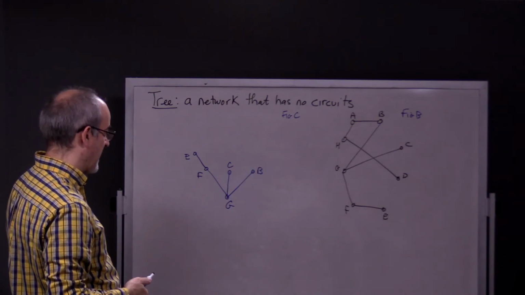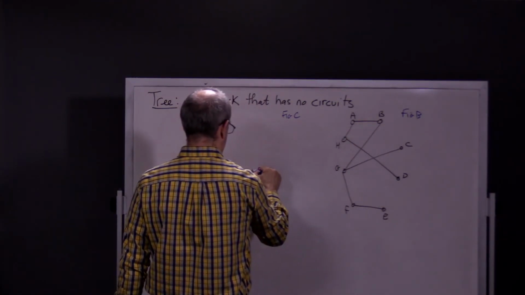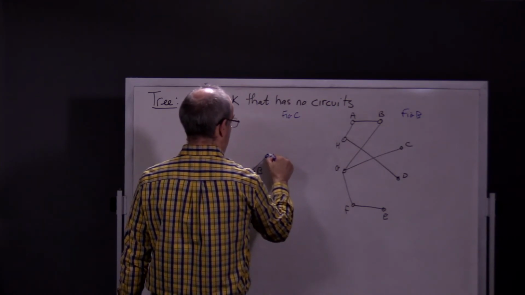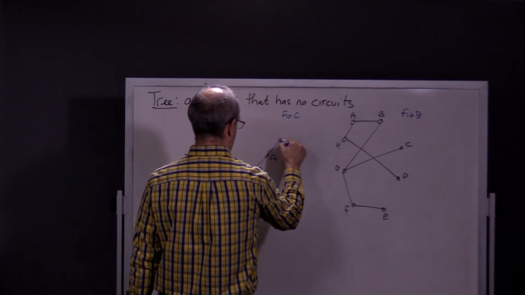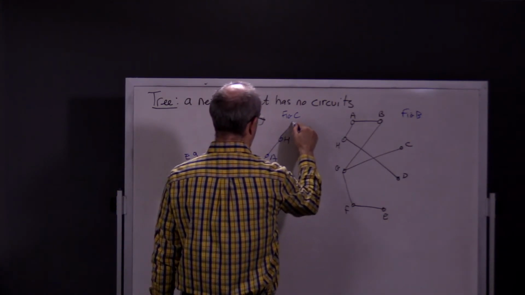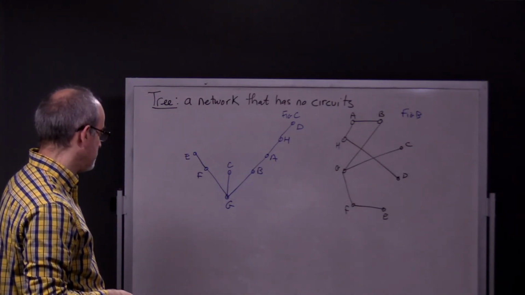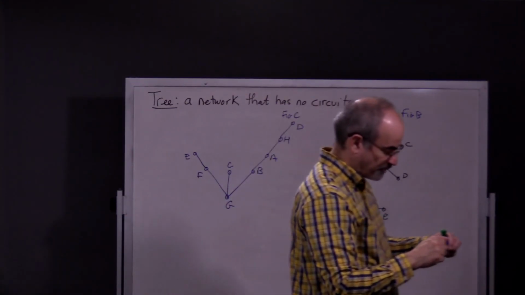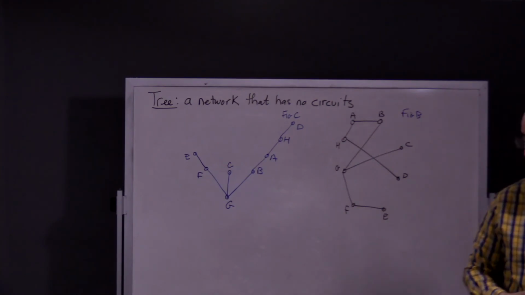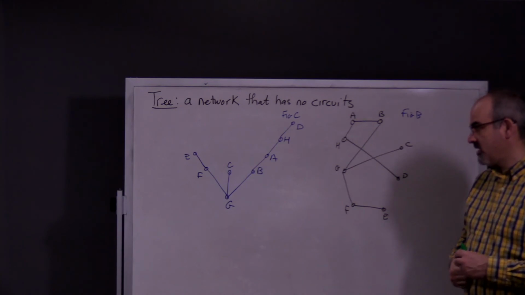And then B has an edge going to A. Then A has one going to H. And then H has one going to D. I think we have everything there now. Okay, so that would be the graph redrawn with G as the root.